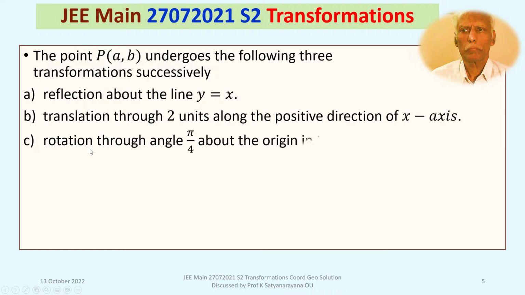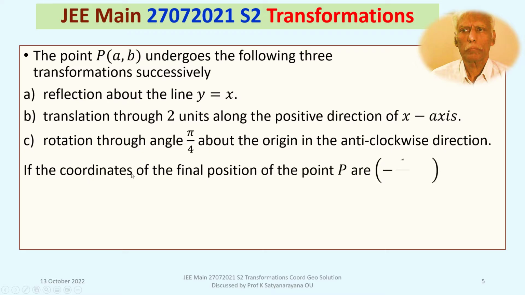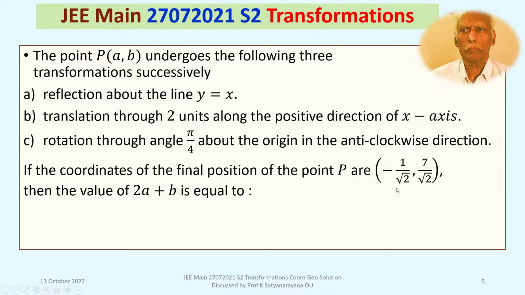C. Rotation through an angle pi by 4 about the origin in the anti-clockwise direction. If the coordinates of the final position of the point P are (-1/root 2, 7/root 2), then the value of 2a plus b is equal to.